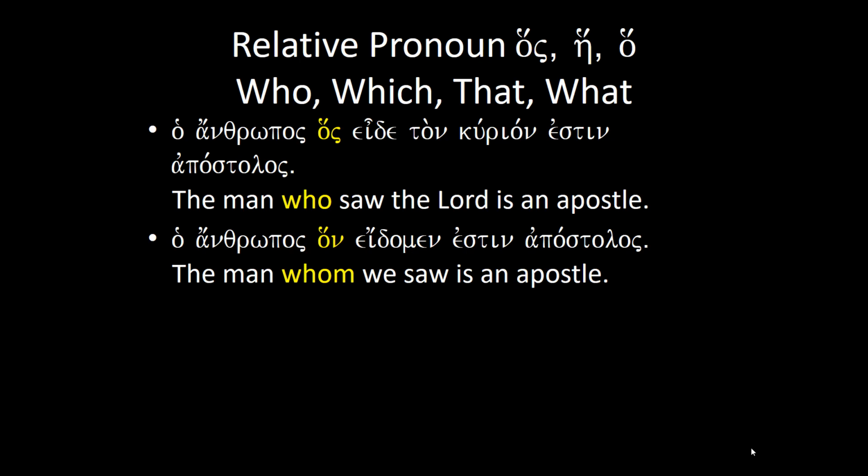The main clause, the man is an apostle. The relative clause is whom we saw. Put it into English word order, subject verb: we saw whom. So that's why it's accusative. It's the direct object of the verb eidamen. The man whom we saw is an apostle.